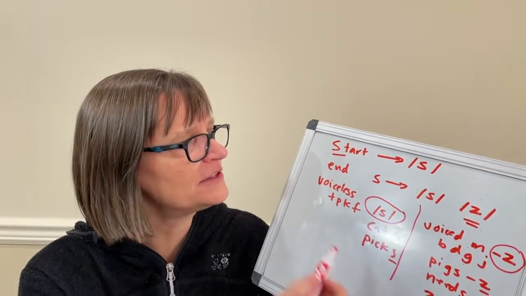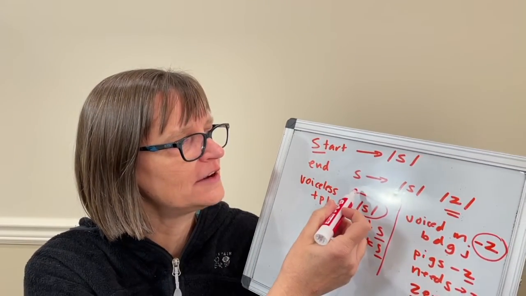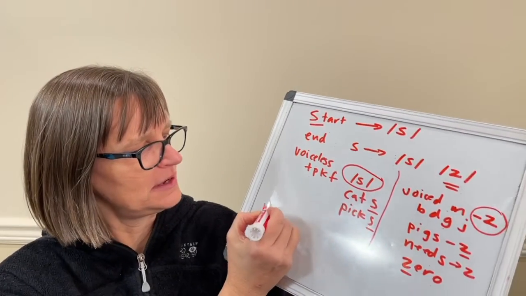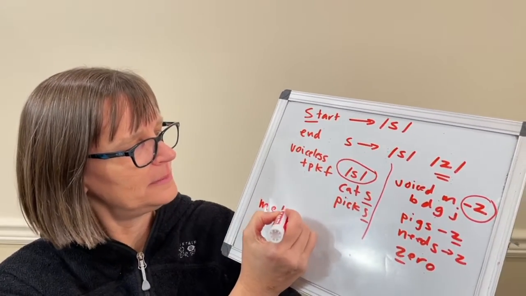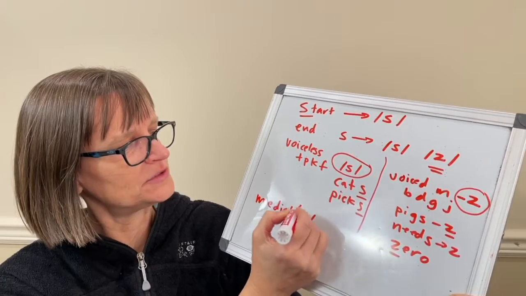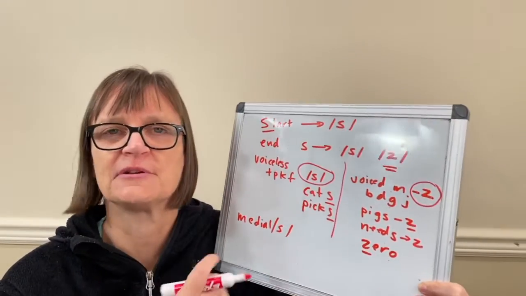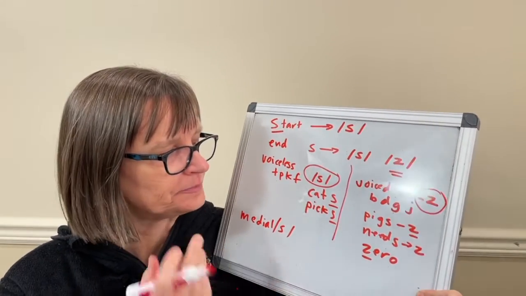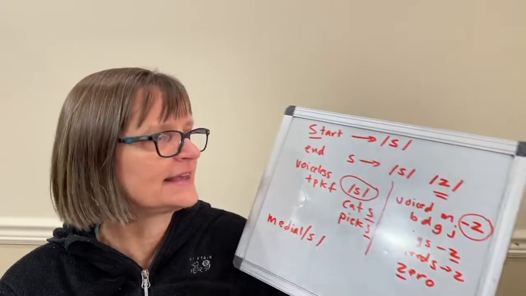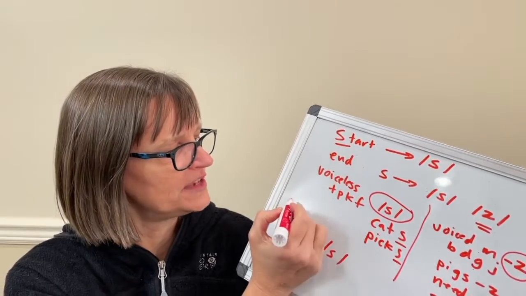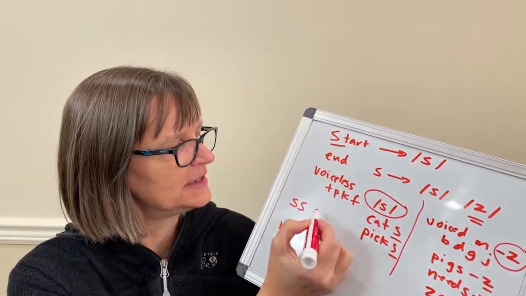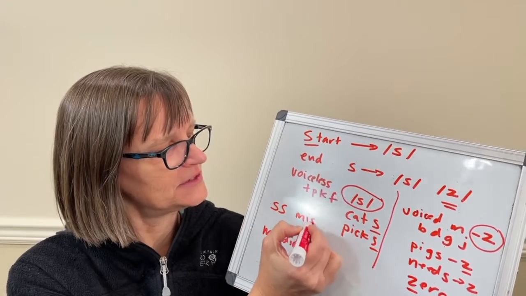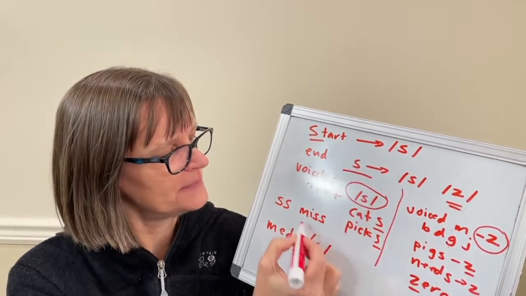Okay, so at the ends of words, most common to have letter S say S or Z. And then in the middle, the medial S, that's the one that's most complicated in terms of not really having a lot of rules and patterns. One thing I can say is that for the ends of words, if you have 2 S's, like miss or glass, it's going to be the s sound.